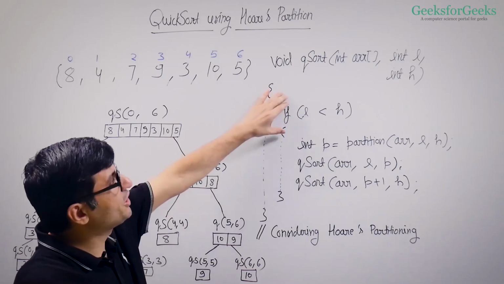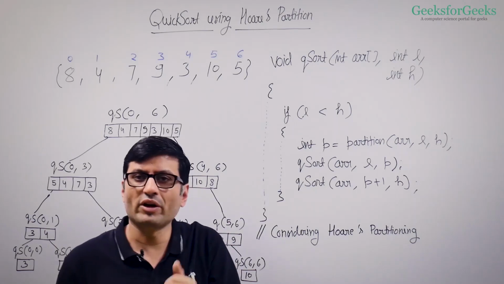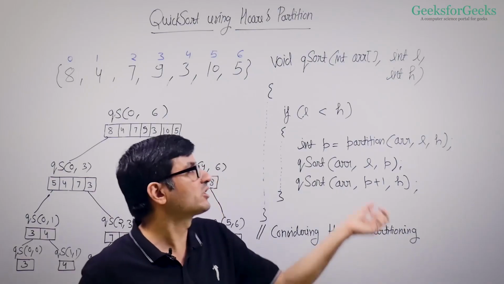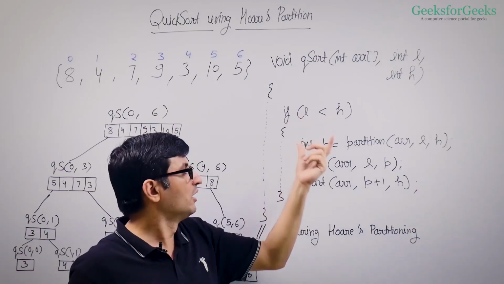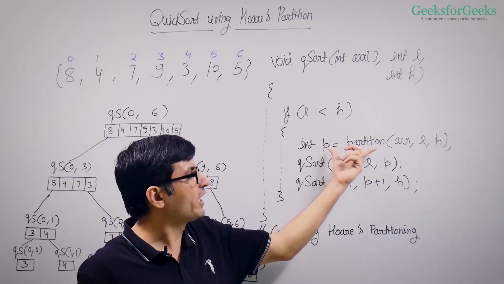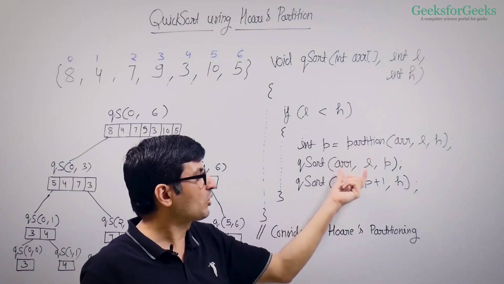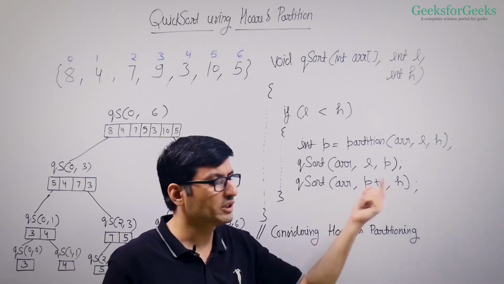There is a base condition which says that there should be at least 2 elements to sort. If you have only 1 element to sort, then nothing is to be done. So L smaller than H means there should be at least 2 elements to sort. When that is the case, you find the partition point by calling the partition algorithm. Then you call QuickSort from L to P, and then you call QuickSort from P plus 1 to H.